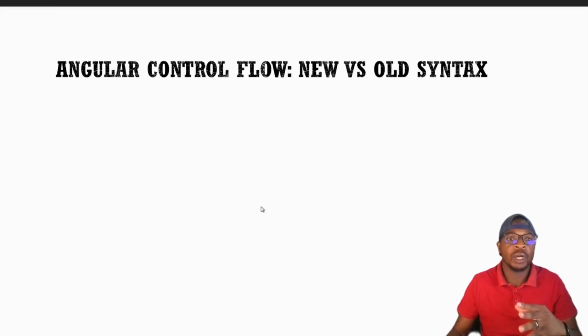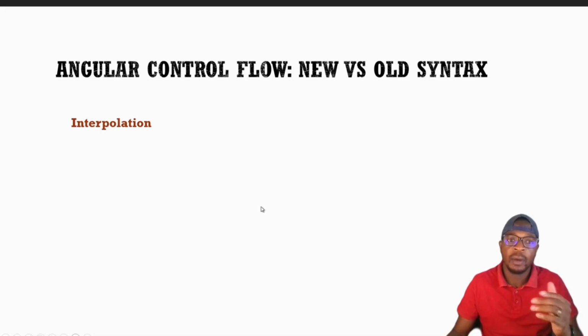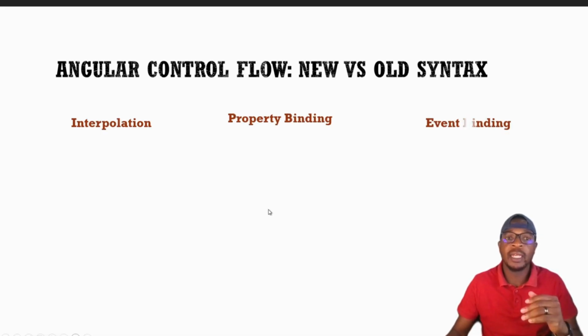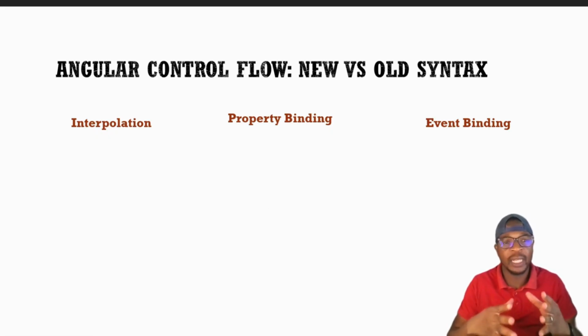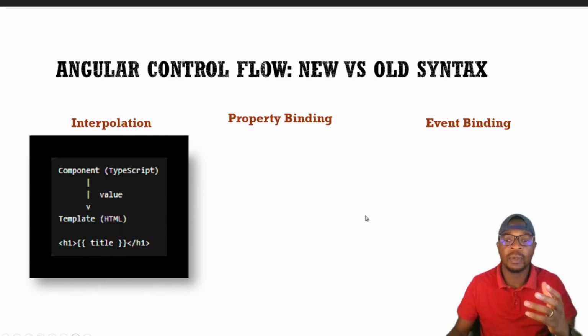Basically, we looked at three important types of binding, which are interpolation, property binding, and event binding. This concept allows us to connect data between the component and the template itself. For example, we saw how interpolation can display data from the component in our HTML.